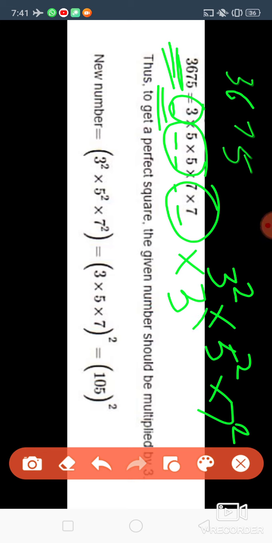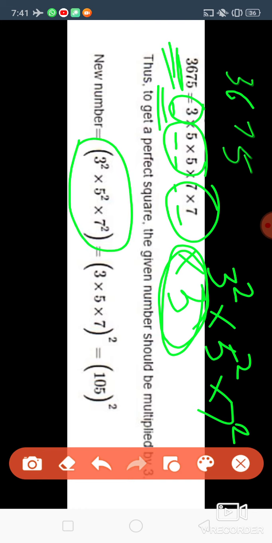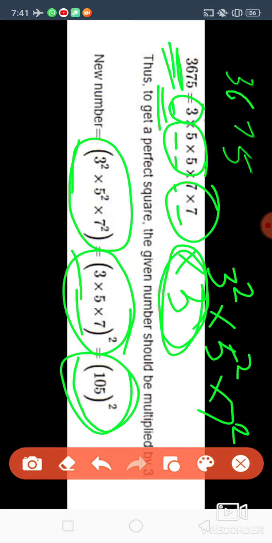So we have to multiply by 3. Overall it becomes (3 into 5 into 7) whole square, and 3 into 5 is 15, 15 into 7 is 105. So we get 105 square. This is your solution.